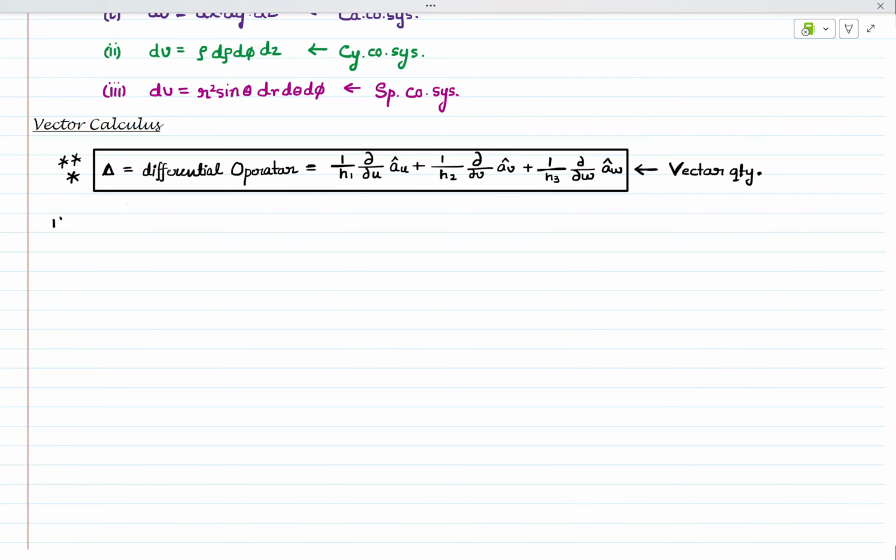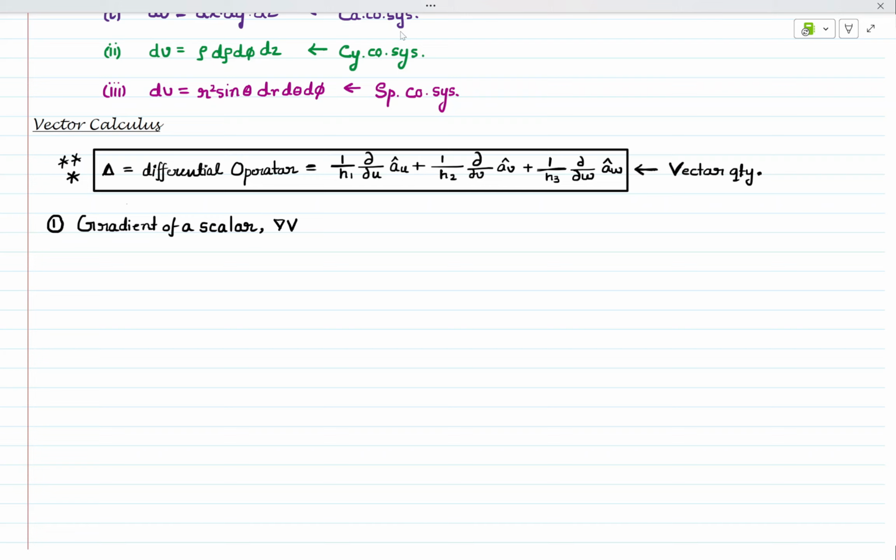The first thing I want to discuss is the gradient of a scalar. That can be written as del V.